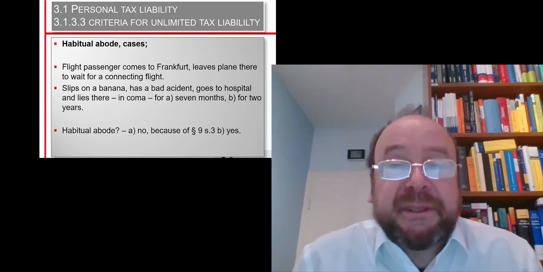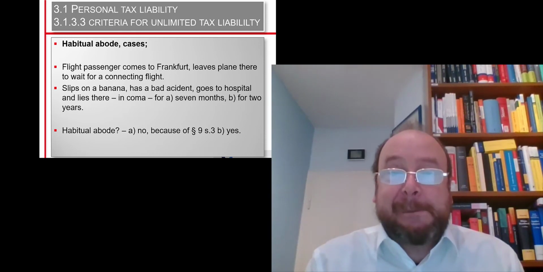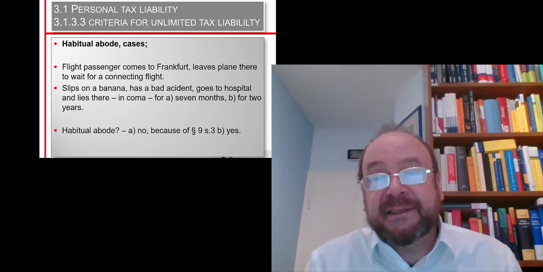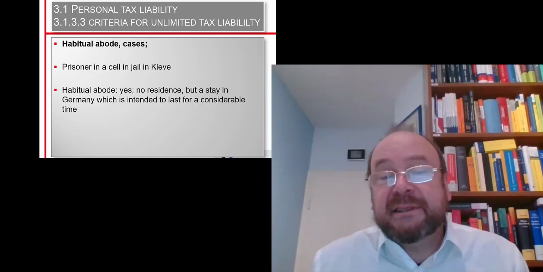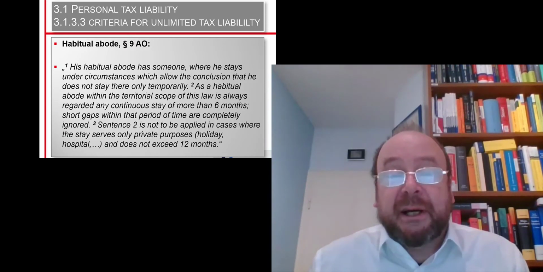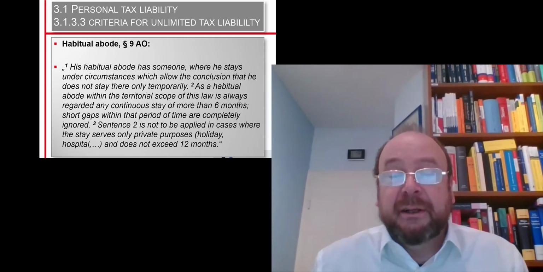Now you will probably say, but I never intended to go to Germany. I just ended up there by accident, by coincidence. That can't trigger a tax. And then your tax inspector says, well, what I have to apply is the law and not my private opinion. And the law says habitual abode has someone in Germany if that person is there for more than 12 months.